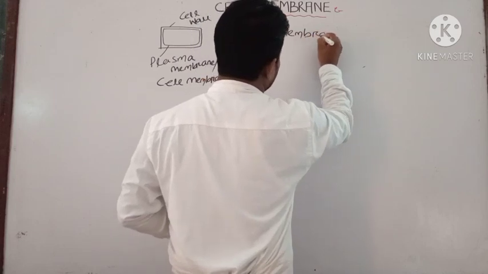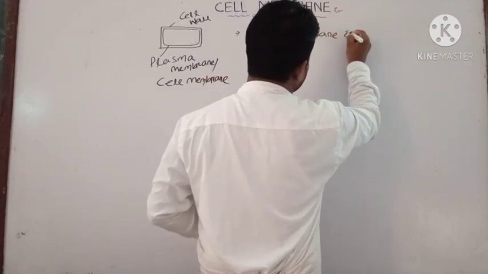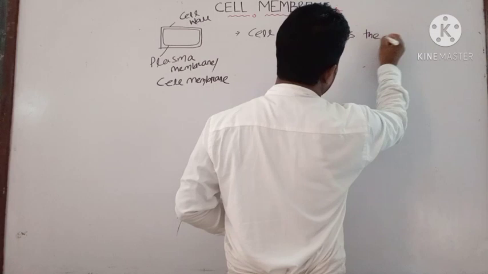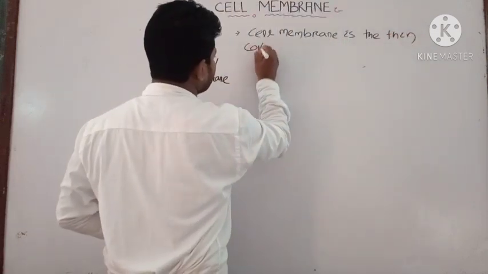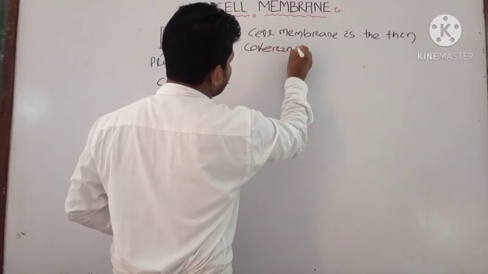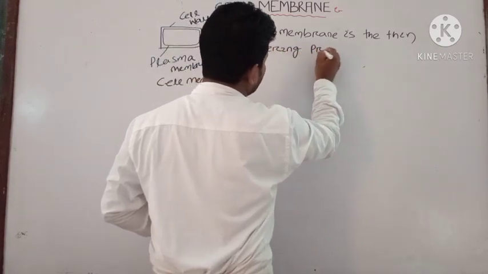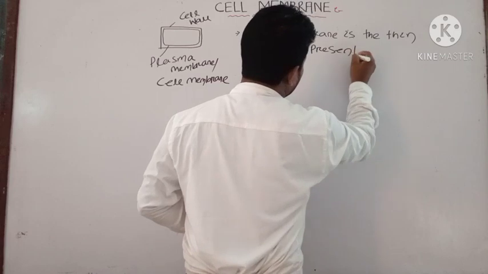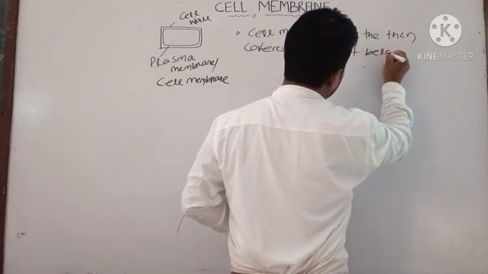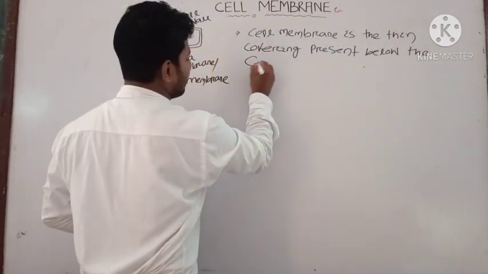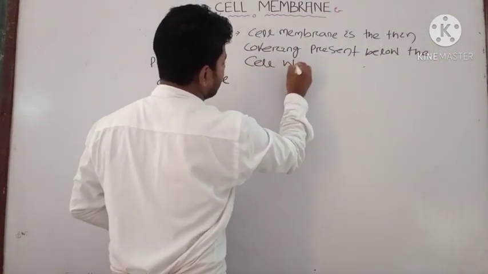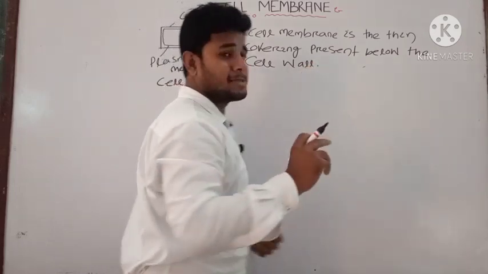The cell membrane is the thin covering present below the cell wall. And where is it present?